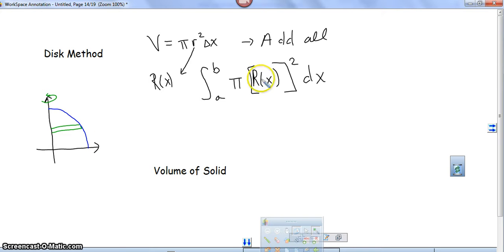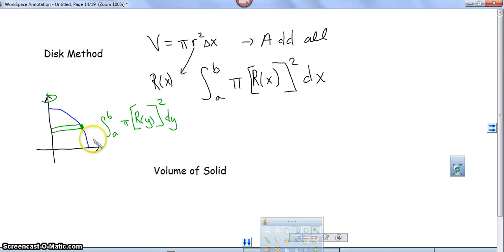And instead of having r of x, we would have the integral from a to b of pi times r of y squared, that whole function squared, times, now remember this is not delta x anymore, it's delta y, so dy.